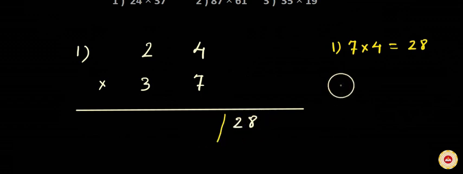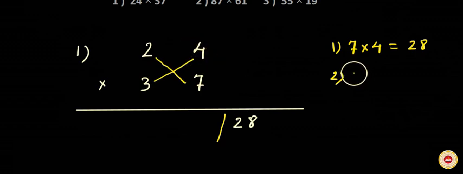Step number 2. Include this second column from the right side, and let us multiply the digits in these 2 columns crosswise. See, product of 2 and 7 plus product of 3 and 4, crosswise multiplication.